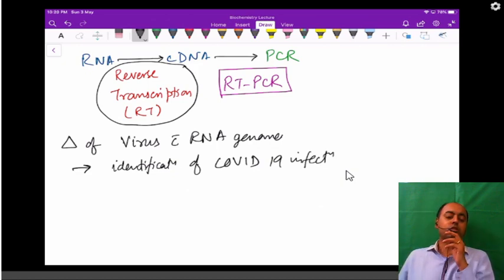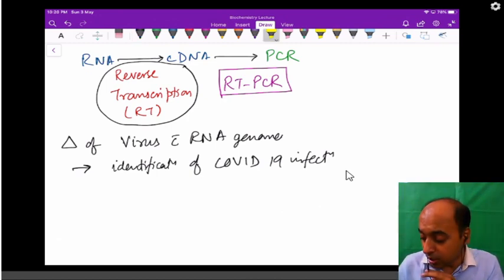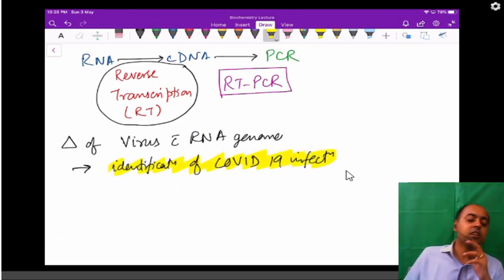You remember that COVID-19 is caused by the novel coronavirus type 2 virus, which is the RNA virus. So the reverse transcription PCR is the technique which is being used for identification of COVID-19 infection. Very likely to land up in your exam.